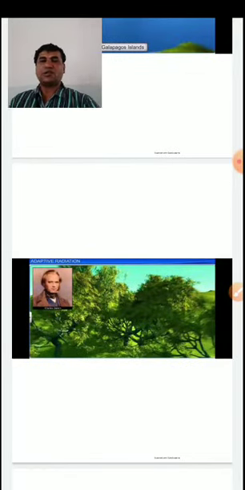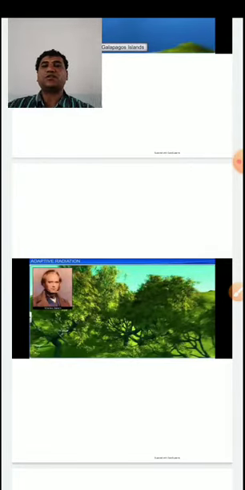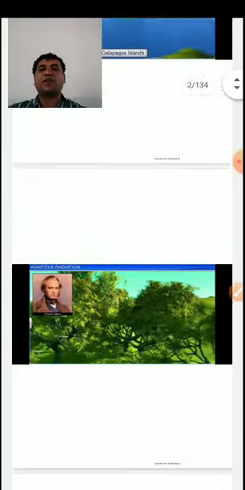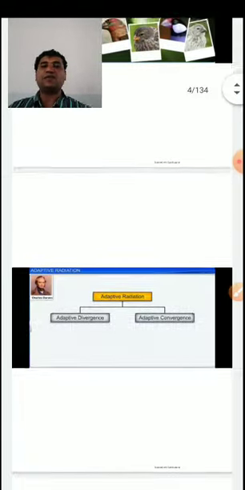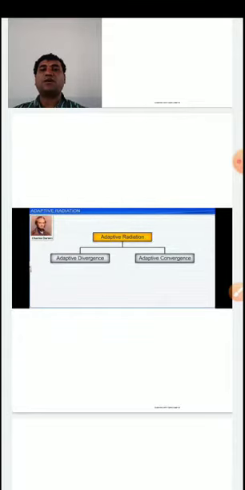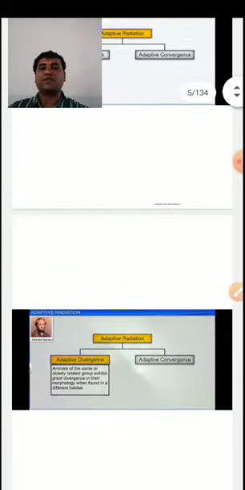Evolution is defined by many evolutionists, and the pioneer was Charles Darwin, who worked in the Galapagos Islands on the Darwin finches, later renamed Darwinian finches. These are of two types: adaptive divergence and adaptive convergence.